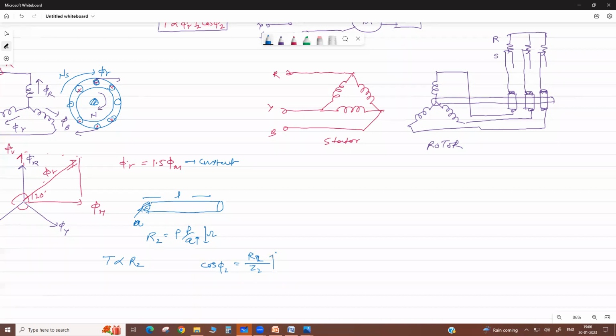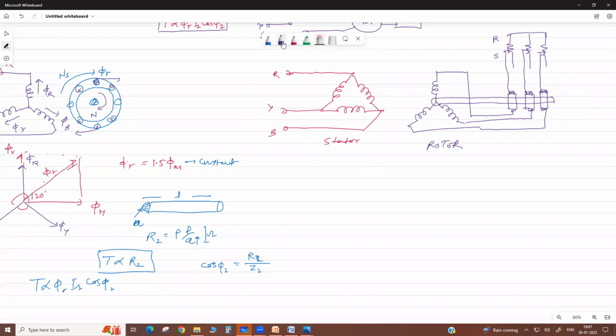So if power factor is high, torque is high, because you know torque is directly proportional to phi R I2 cos phi 2. Resistance is high, power factor is high, means torque is high, or torque is directly proportional to rotor resistance also. Please remember. So because resistance is low here, torque is less in squirrel cage.